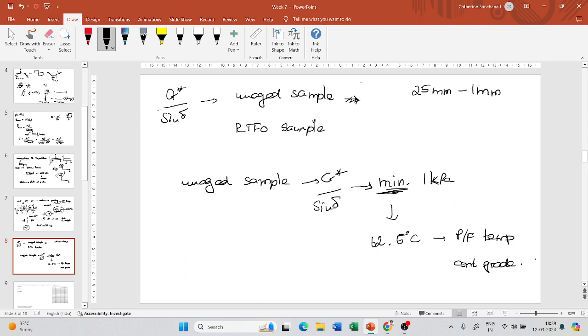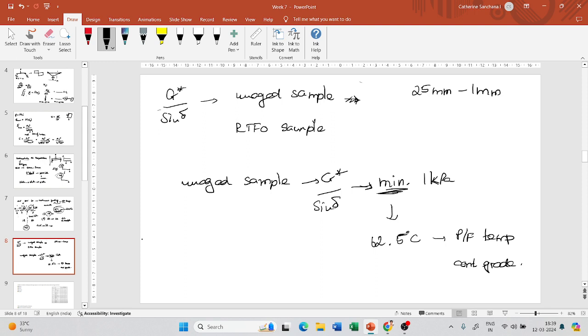Now how will I give the PG grading of bitumen? As I said, for intermediate PG grade, you have certain temperatures which you can call the PG grade of bitumen, at intervals of 3 degrees Celsius.